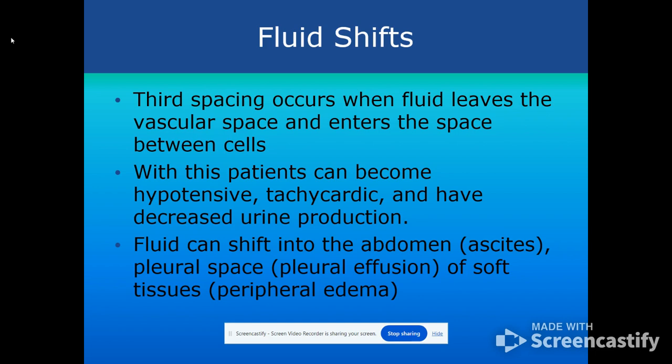They can have fluid shifts within the pleural space, called a pleural effusion, or within the soft tissues, called peripheral edema. And fluid can be lost through disrupted skin integrity, as with burn injuries. With those kinds of patients, especially with burn injuries, you have to give them fluids back or else they will become really hypovolemic. So that is how fluid shifts occur within the body.